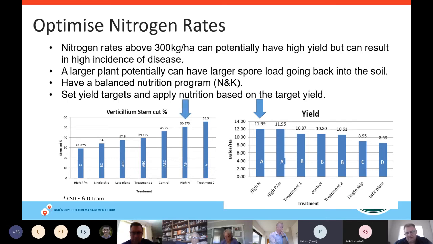And certainly in this trial, we saw that it was the highest yielding at 11.99, but it also had one of the highest incidence of the disease. So you've got these large plants that potentially have a larger spore load going back into the soil, which is creating a problem for the following year. So you really need to have a balanced nutrition program and set yield targets and apply nutrition based on target yield.